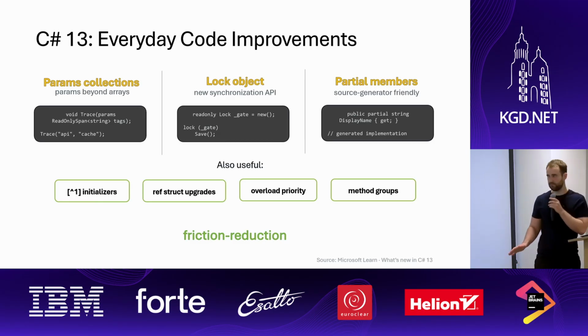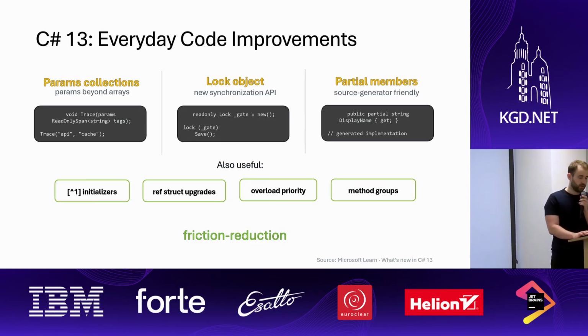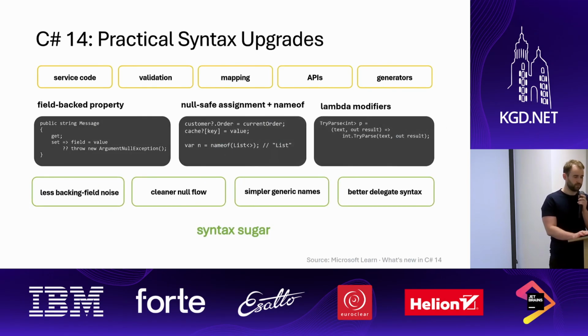So they call it friction reduction, so we still can call it syntax sugar. Well, moving to the latest one, so C# 14. So we have even more of it, yeah.